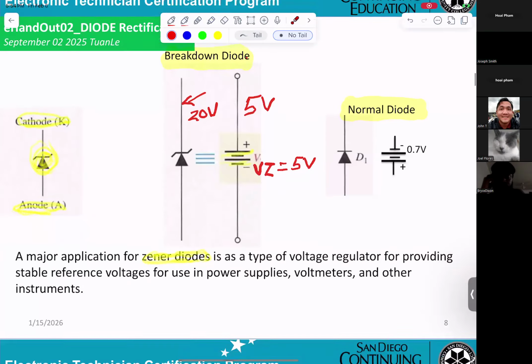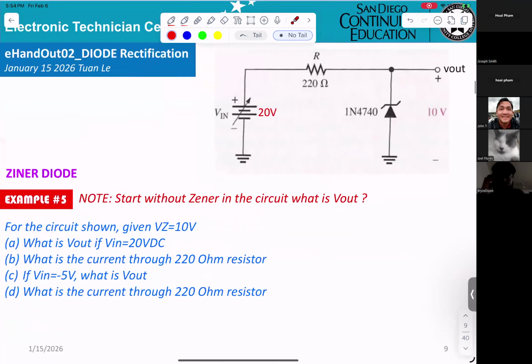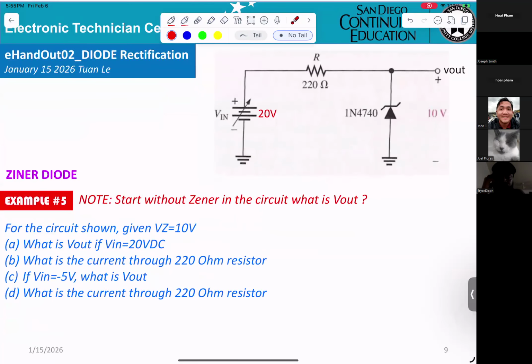Now, the next. Okay, now we're working with this circuitry. For this circuitry, the zener here, the voltage will be 10 volt. VG 10 volt.